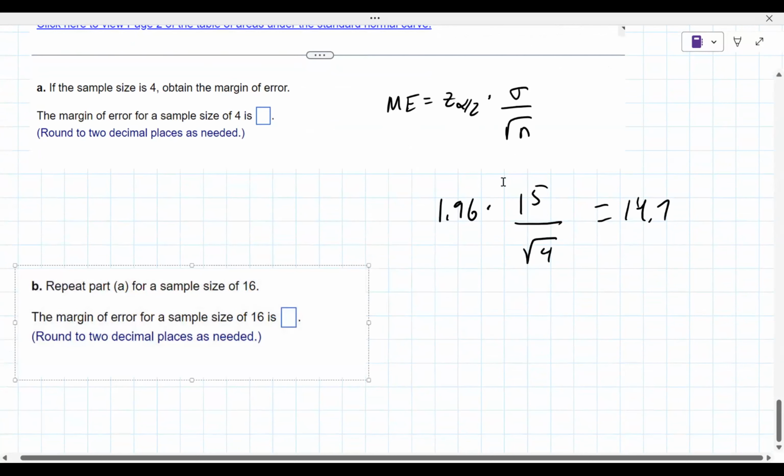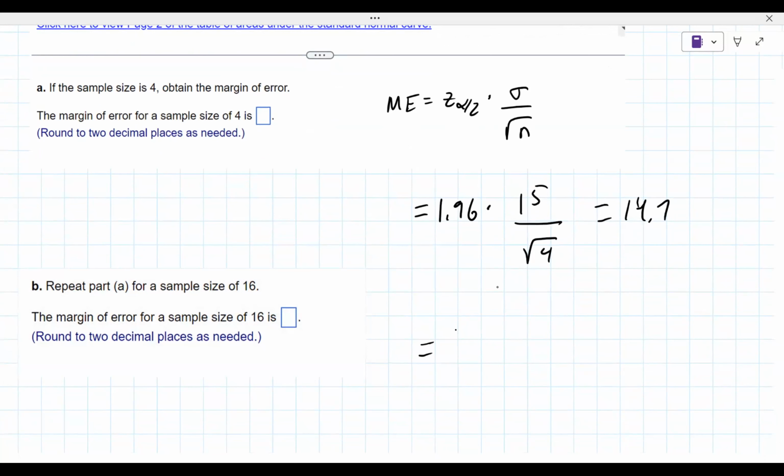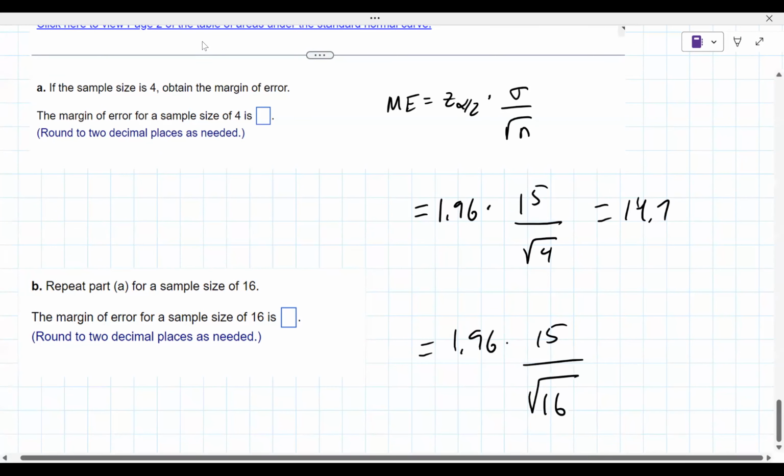The only thing you're changing in this formula is the value of n. 1.96 times 15 divided by the square root of 16. So go ahead and calculate that for us, please.